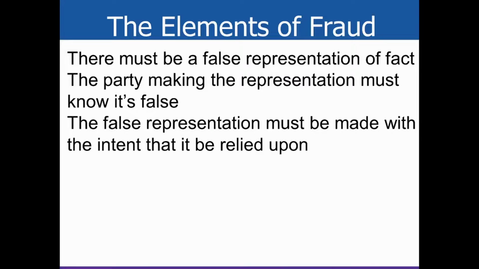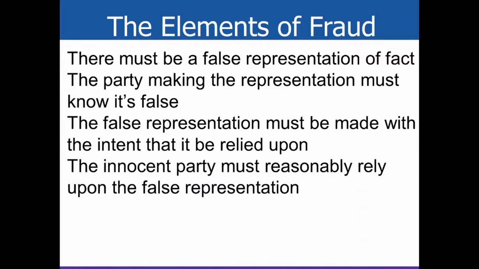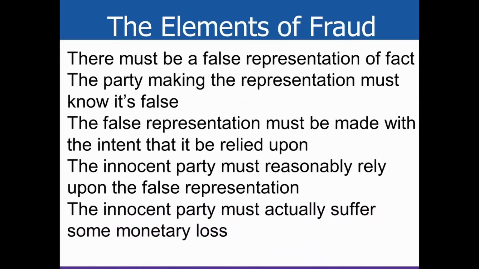The false representation must be made with the intent that it be relied upon. I'm taking the camera because I believe it's going to work, and Dan knows that, and he uses that in his false representation. Now, if it was for something a little different, where I didn't rely on that part, then that wouldn't necessarily be fraud.